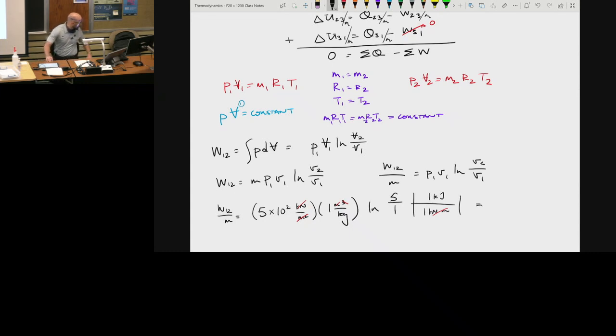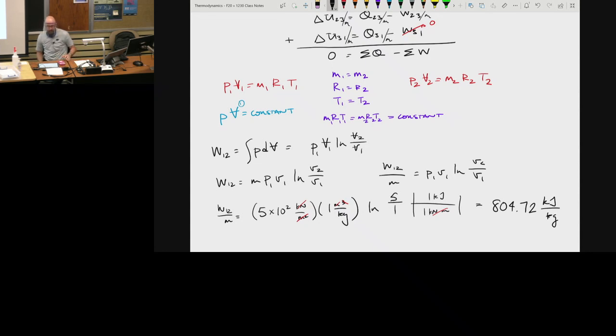So now I'm going to go to my trusty calculator and type all this in. I have 500 times 1 times the natural log of 5, and I get 804.72 kilojoules per kilogram.